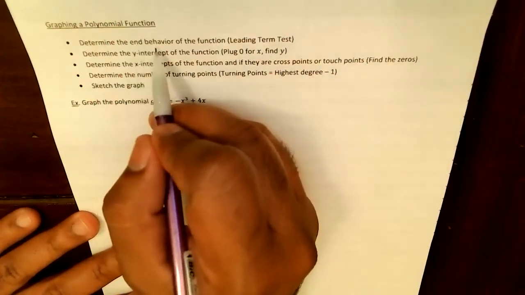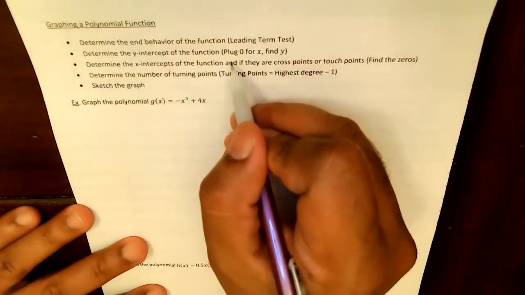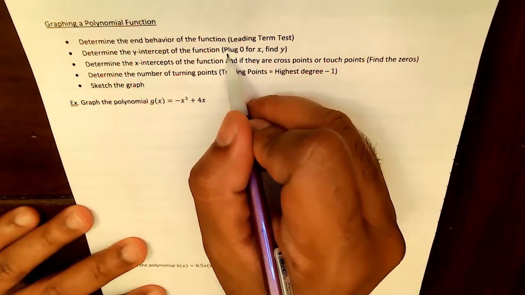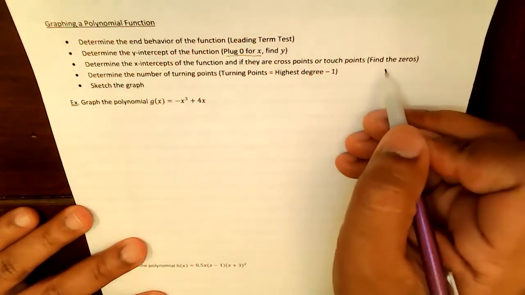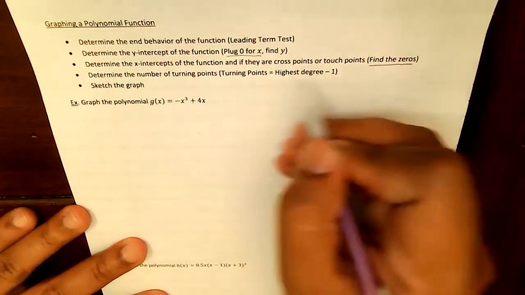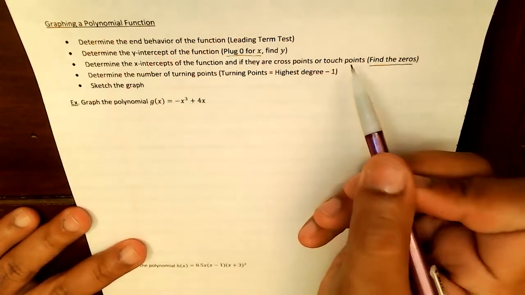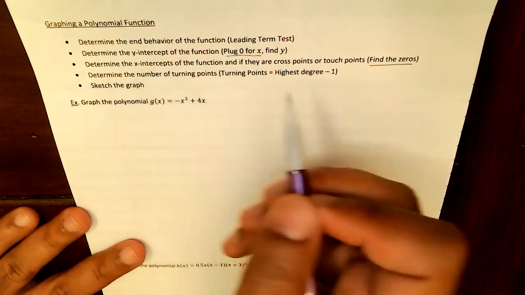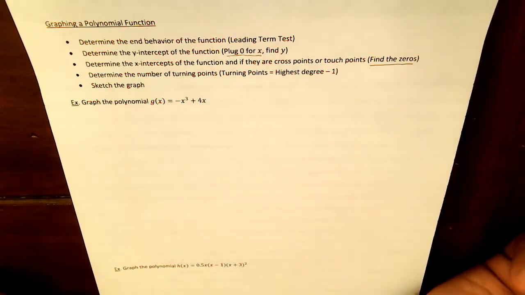So the end behavior is something we've already discussed at the beginning of the section. To find the y-intercept, we're going to plug 0 for x. To find the x-intercept, we are going to find the zeros. We just discussed how to find the zeros. And if you remember, I mentioned that the zeros are the same thing as the x-intercepts. So we're going to find those and then figure out if they're cross points or touch points.